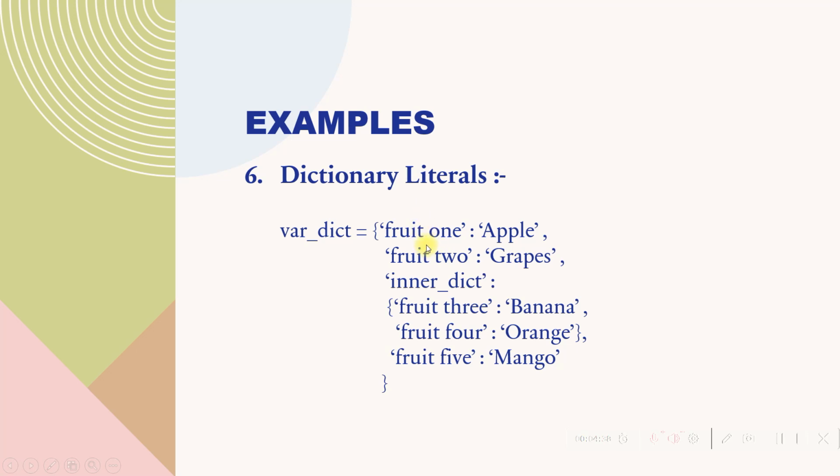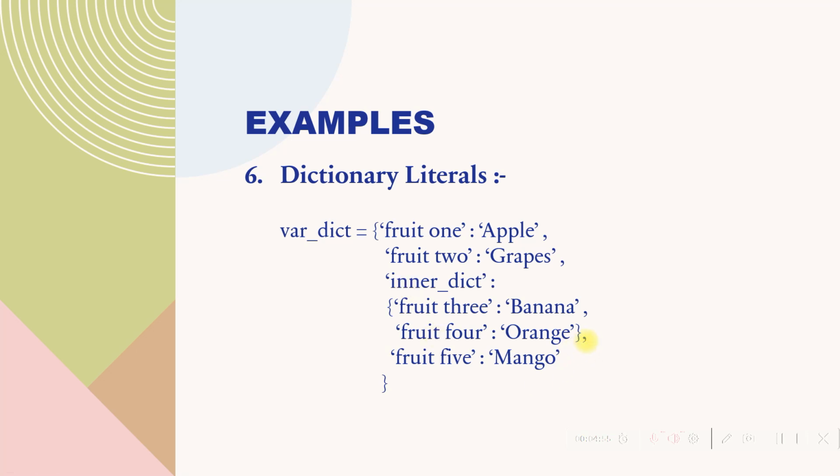We'll talk about this in detail when we see our dictionary session. But for now, you can see that a dictionary is a key-value mapping, and we can store a dictionary inside another dictionary also.